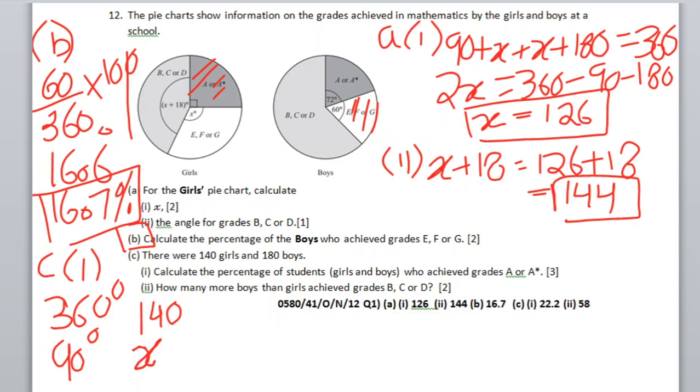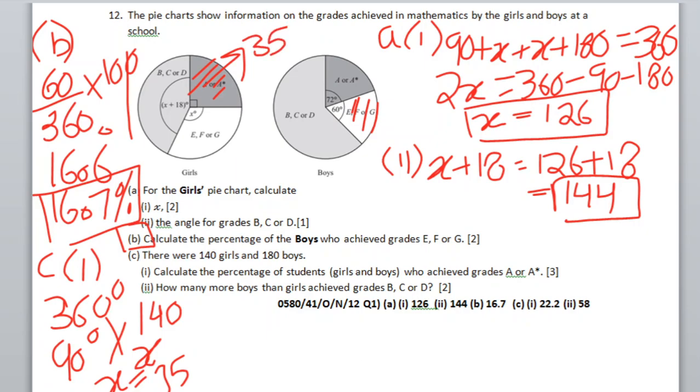How many girls will be in this sector? Cross multiply: 140 times 90 divided by 360, which gives us 35. So we have 35 girls in this sector.